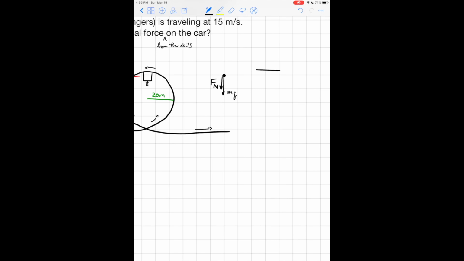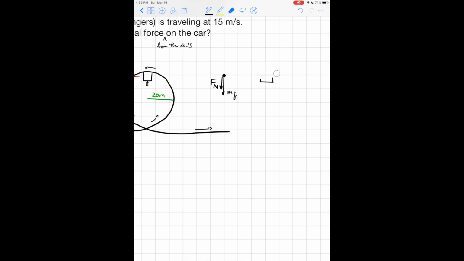Another way of saying that is if I think about our rails here and my car's little wheels, why would the rails pull me up? That doesn't quite make sense here, unless I'm just hanging, and then my wheels are somehow on top of this thing.